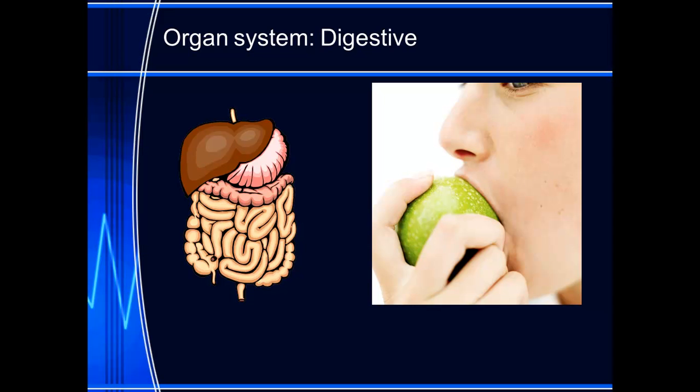Some of those organs include the liver, the pancreas, both of which contribute other chemical products that aid in the digestive process. The small intestine, the large intestine, the stomach. The small and large intestine includes different portions of both of those, which again, when we get to digestion, we're going to learn about in greater detail.